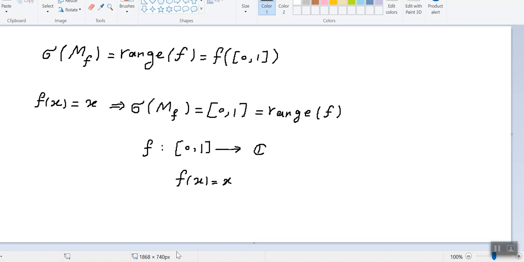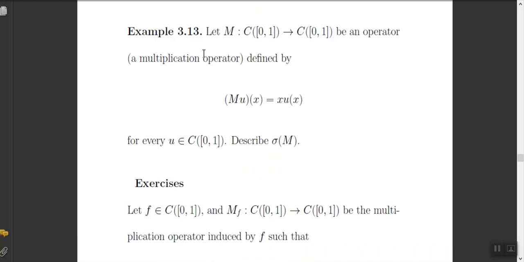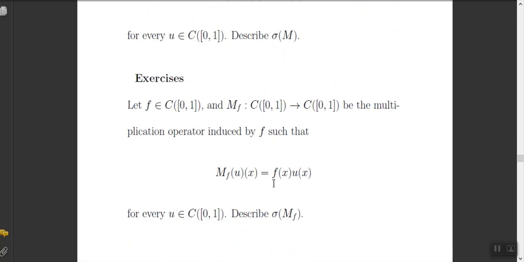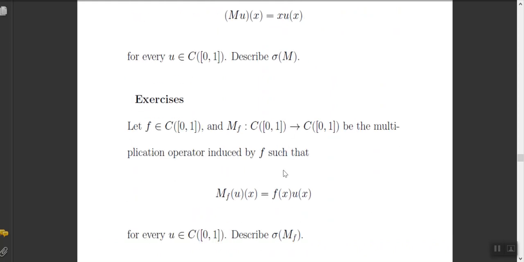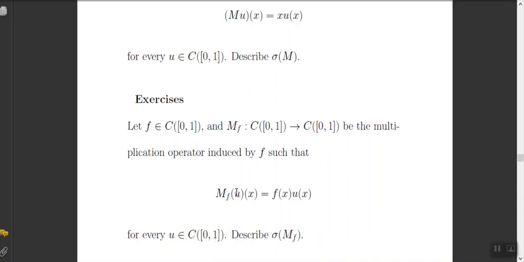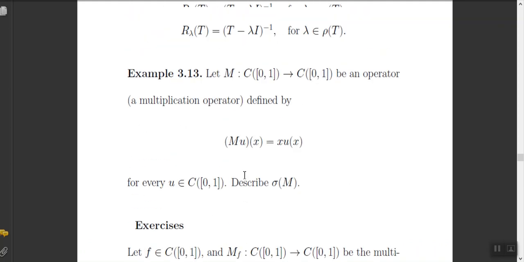And if you remember, I said this example is a special case of this, right? Why did I say this? Look at here. What happens in this M_f if f is a continuous function here? What happens is f(x) equals x. If f(x) equals x, then this operator is exactly this operator, right? Because it becomes the multiplication by f(x), but f(x) equals x.